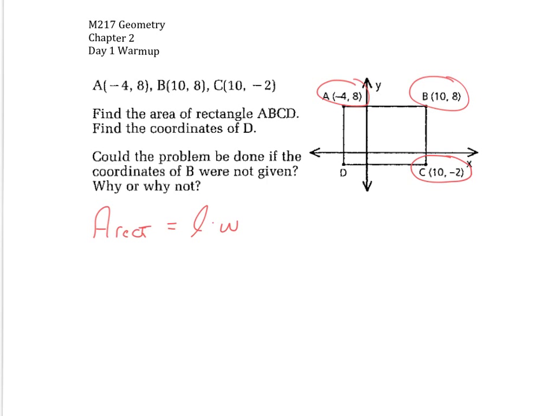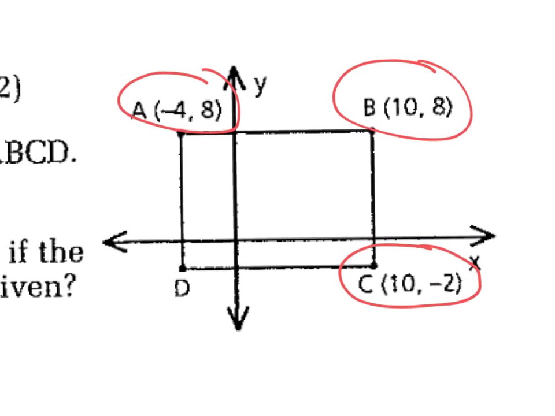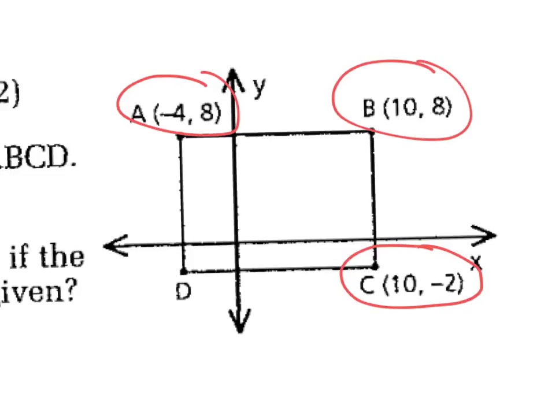So looking in the diagram here, I have point A to B, where -4 is the x value and 10 is the x value on B. So what is the distance on a coordinate grid from -4 to 10? So you can subtract the points just like lengths of segments and you get 14.